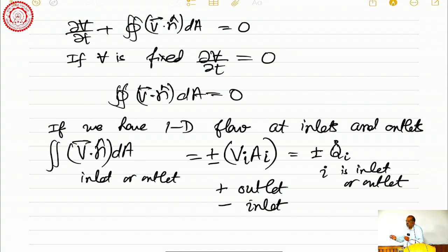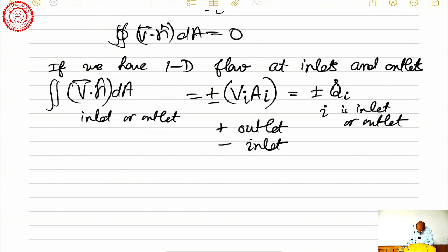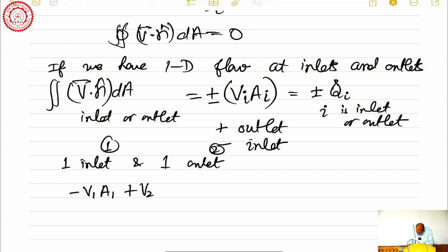Flow rate is equal to V dot n dA. So the sum of all the flow rates is equal to 0. And in particular, if there is one inlet and one outlet, let's say the inlet is 1 and outlet is 2, minus V1A1 plus V2A2 is equal to 0, and this becomes V1A1 is equal to V2A2.